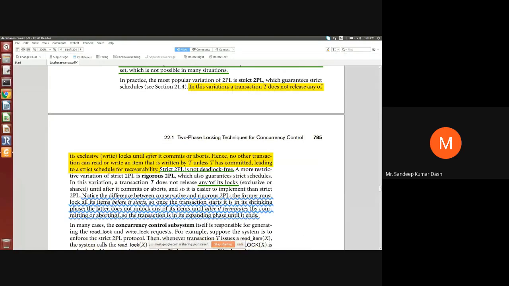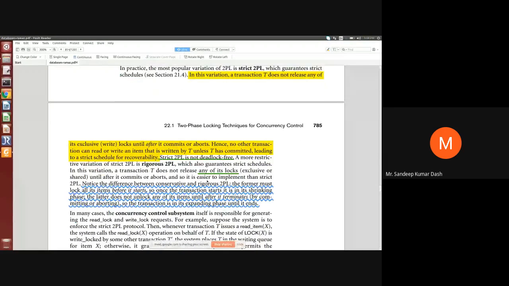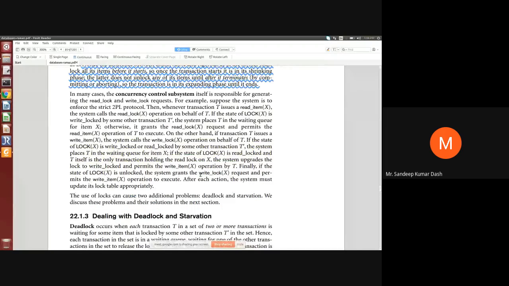These things we saw in the last class. In order to have control among the data items between the different transactions in a schedule, you are using two-phase locking. That time we also saw that there is a possibility of deadlock in these cases.